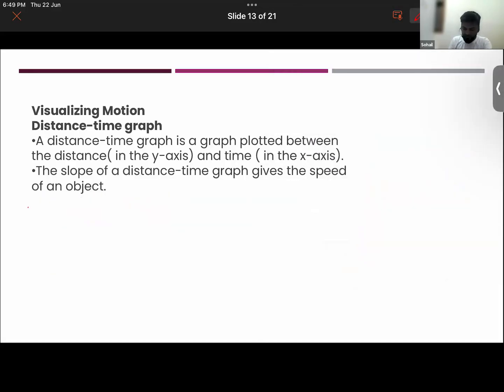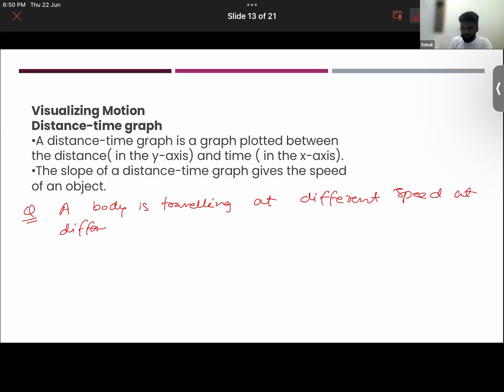So let's say the question is, a body is traveling at different speed at different intervals of time as follows. The data is being given here. So say this is the time, this is the distance.